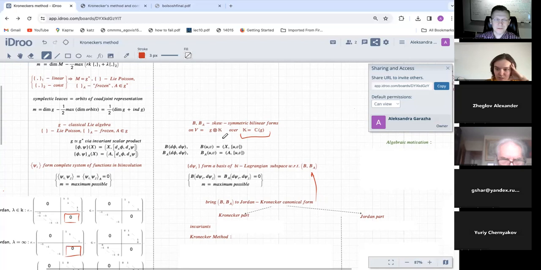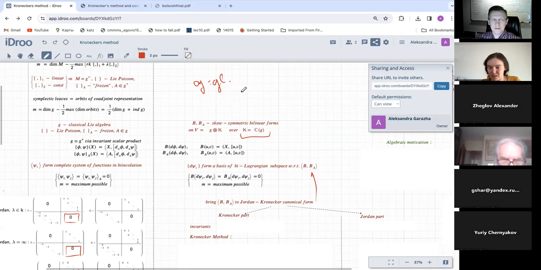I suppose that V over K is just G. So for example, if G is gl_n, then V is just that.